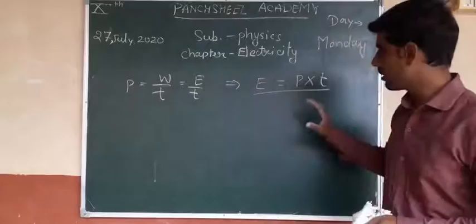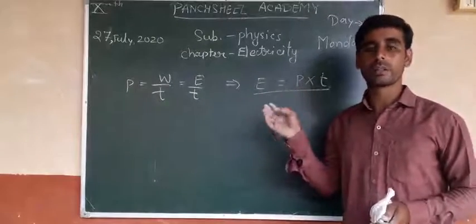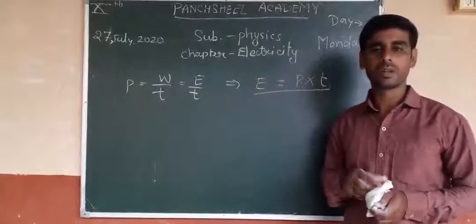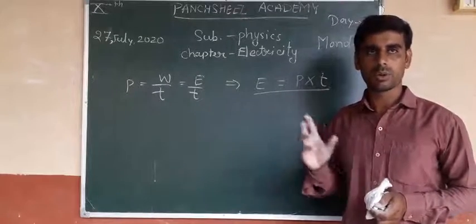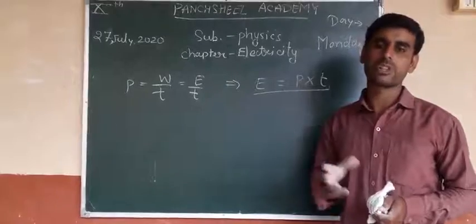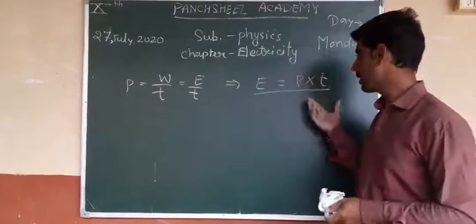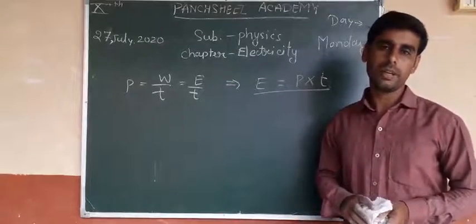For 1 hour, 2 hours, 6 hours, for what time period the bulb is switched on or the fan is on, our refrigerator is on. So it depends on time and energy will be consumed.